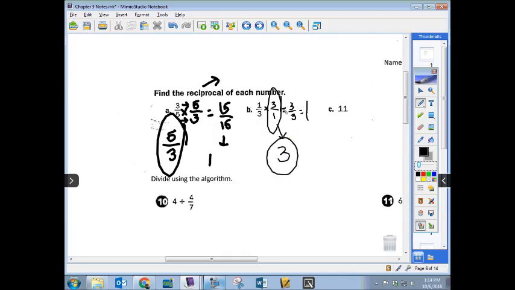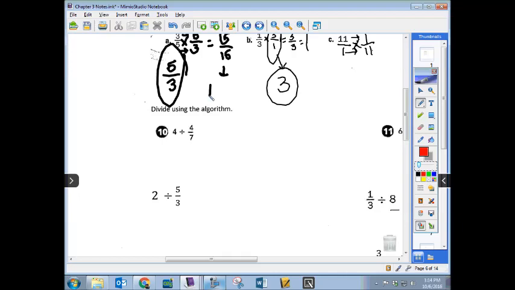Any number over 1 is just the whole number itself. Just like here, letter C. Hopefully this one didn't trip you up too much. You got to put it in fraction form. And then when you're trying to find the reciprocal of it, you are then going to make it 1/11. Okay? If I multiply those out, top times top, bottom times bottom, gives you 11 over 11, which would be the whole number 1. Okay?